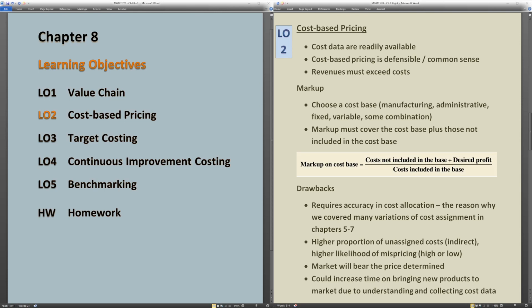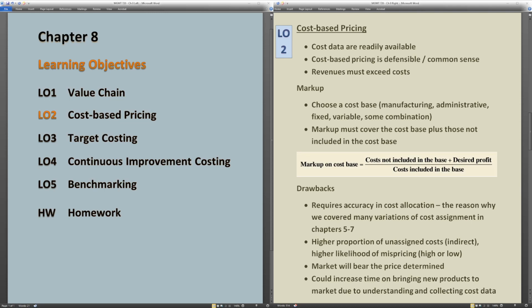If you're not good at allocating costs, then your cost-based pricing is not going to be very accurate. In this particular chapter, they call it unassigned costs, which in previous chapters they call indirect costs. If you have a higher proportion of these indirect costs, then perhaps your pricing model is going to struggle a little bit and you'll have mispricing, either high or low.